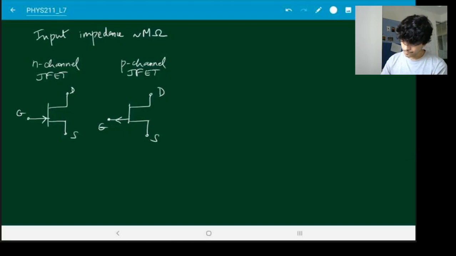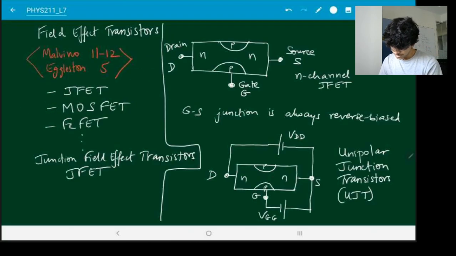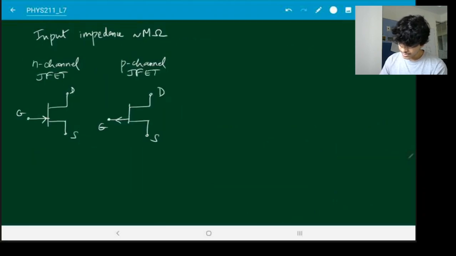Now if we go back and look at this biasing circuit, you will notice, first of all, the voltage between the gate and the source, if I call that VGS, this is always negative because that's the way we are biasing it.